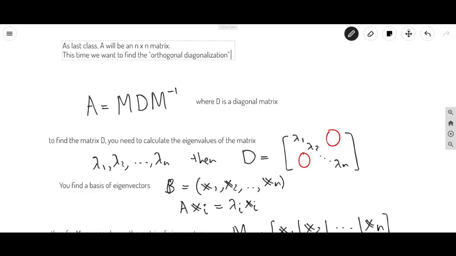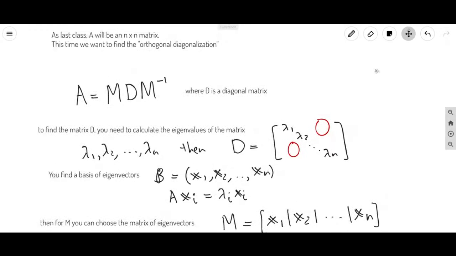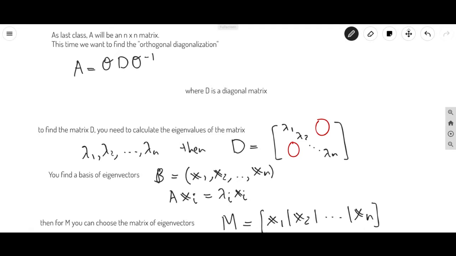What does that mean? It means it's the same thing, but the requirement now is better. You want to write the matrix in this way. So this time what you want to do is factorize the matrix as O, D, O inverse, where D is a diagonal matrix and where O is an orthogonal matrix.